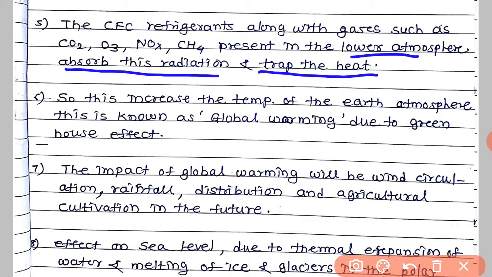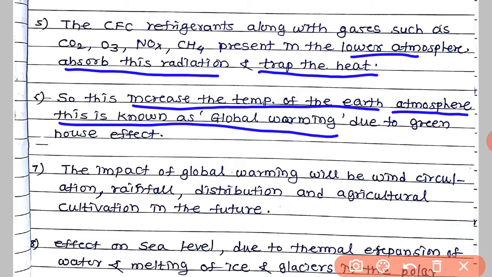So they do not allow the radiation to escape the earth. This increases the temperature of the earth's atmosphere. This is known as global warming. Because of this, a heating effect takes place, and this is called the greenhouse effect.